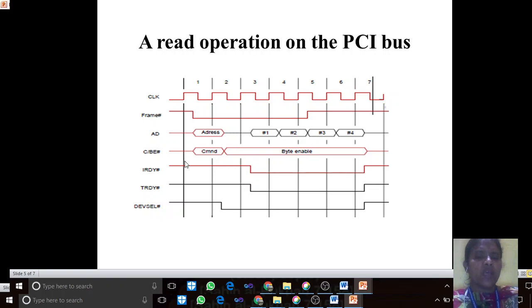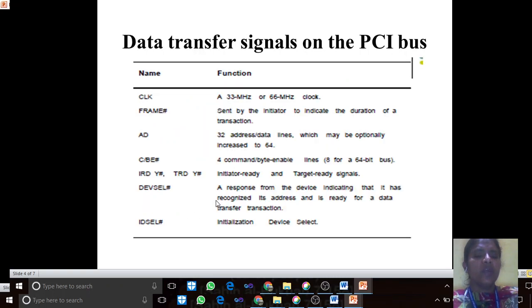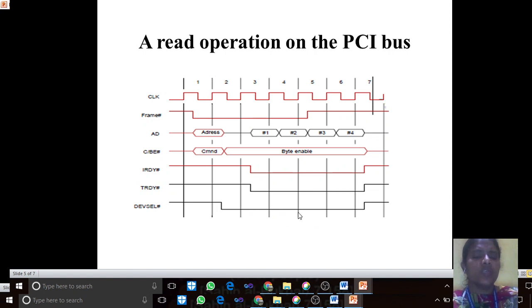Now the C/BE command is placed, followed by the byte enable. The initiator ready signal starts the data transmission. The target ready is enabled in response to initiator ready. Now DEVSEL#, a response from the device indicating that it has recognized the address and is ready for the data transmission, is done by the PCI bus.